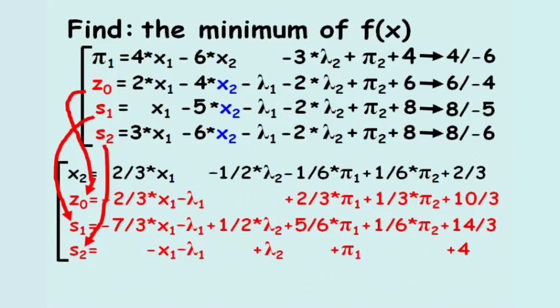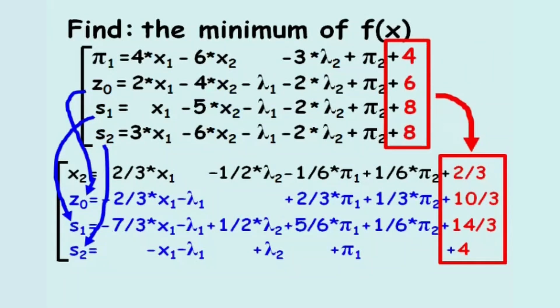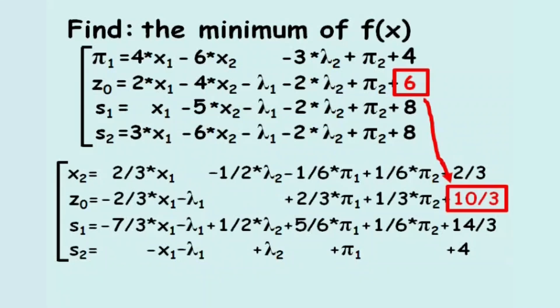After this pivot operation, we notice the values of all basic variables decreased. Most importantly, the value of variable z0 decreased from 6 to 10/3. Since z0 is still in the basis, we'll perform another iteration. The variables with negative coefficients in the row z0 are x1 and lambda 1.